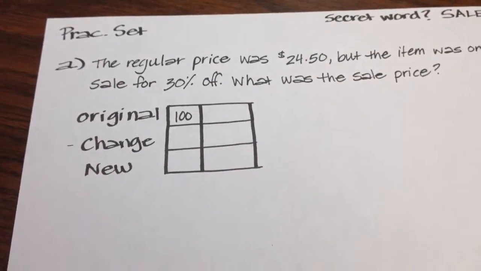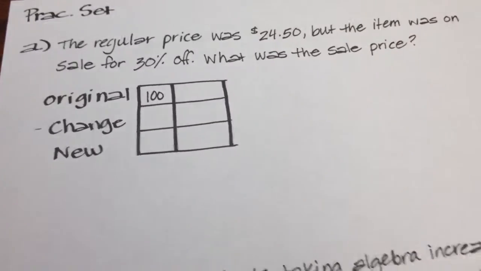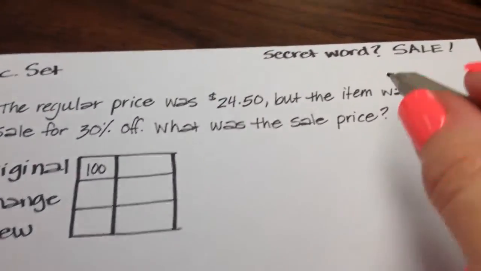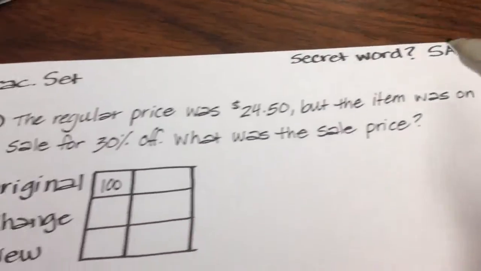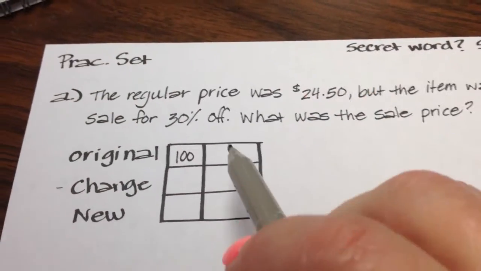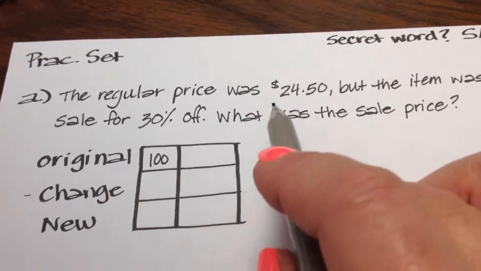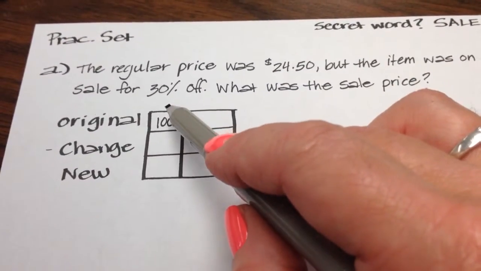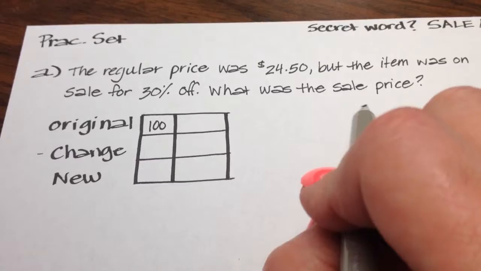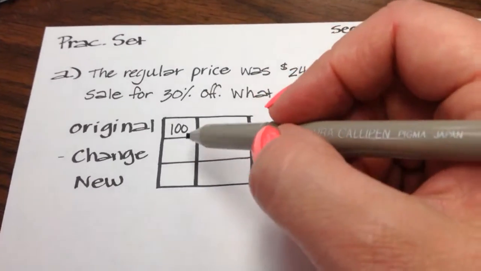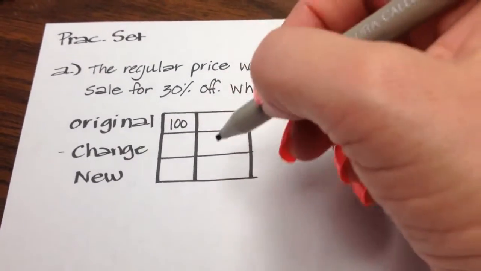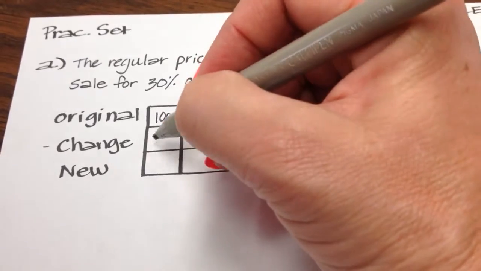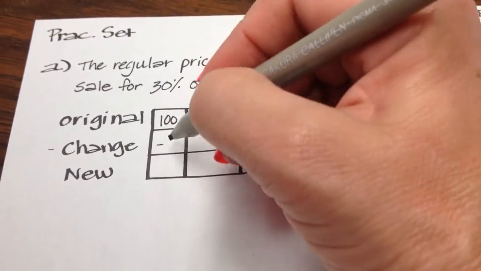All right. Here's practice set. I'm going to do A and B, and you're going to do C and D, and nobody's going to do E. By the way, secret word, sale, because this is reminding me of sales. Okay, so the regular price was $24.50, but the item was on sale for 30% off. What was the sale price? All right, so now I'm going to subtract because I'm saving 30%, so minus 30.